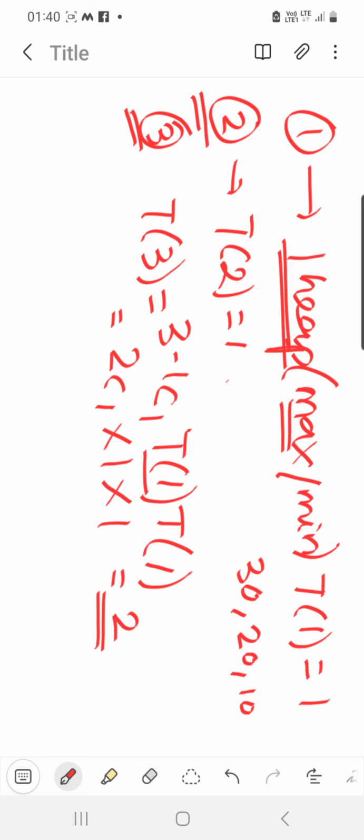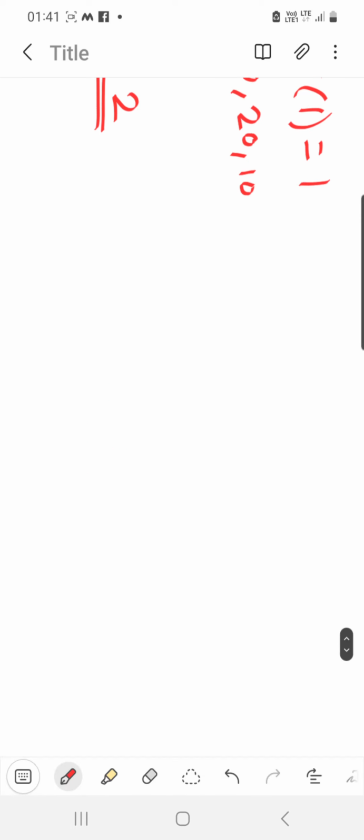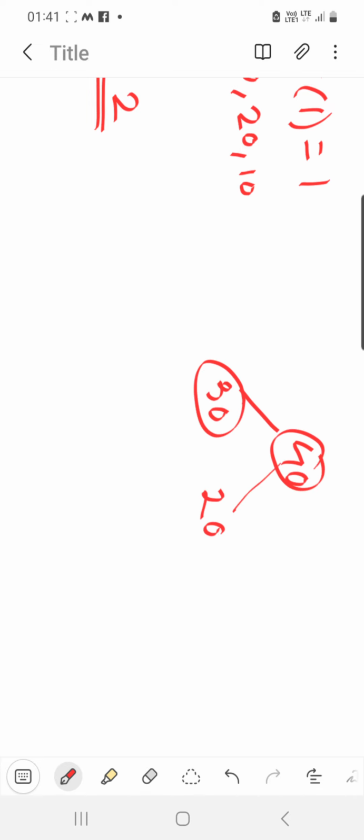Now let's see if there are four nodes, how many heaps are possible? I have to use the same formula again, (n-1)C(L) * T(L) * T(R). So it's 4-1 is 3, 3C something. Let's say there are four nodes like 40, 30, 20, 10. Let's draw this: 40, 30, 20, 10, following the binary fashion.